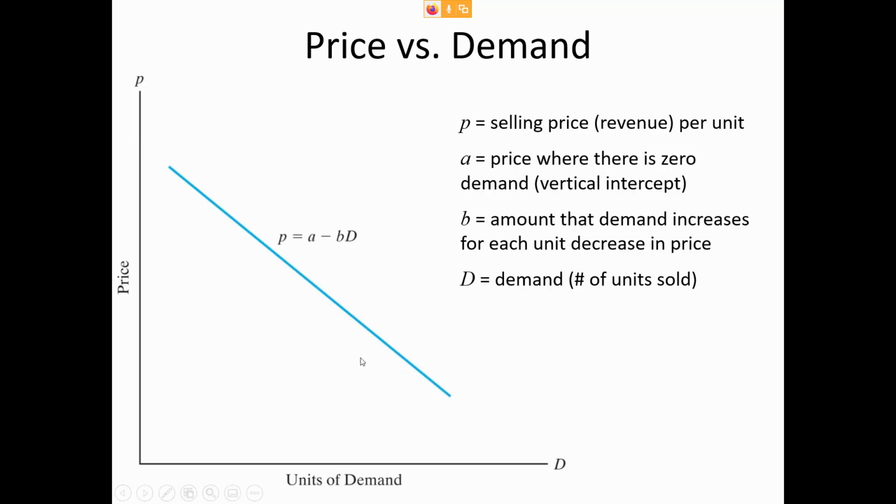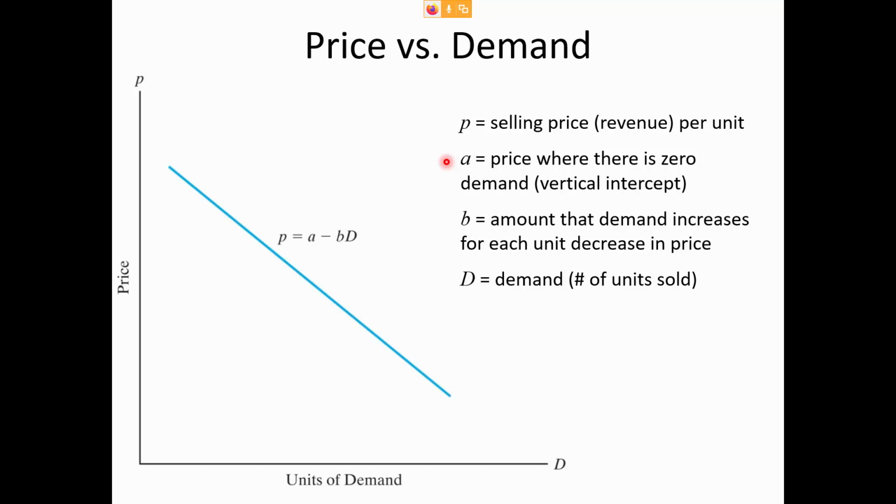So there's an equation that relates these relationships, and what we have is price is equal to A, where A is the intercept. If you extend this line and intercept with the vertical axis of price, A is what price would cause it so that nobody buys any if there's zero demand.